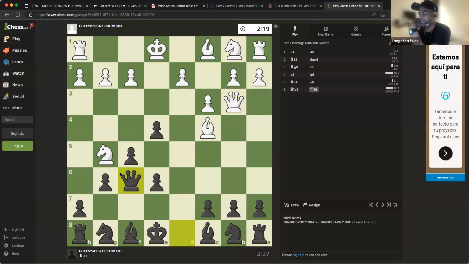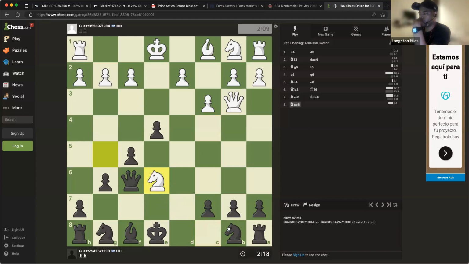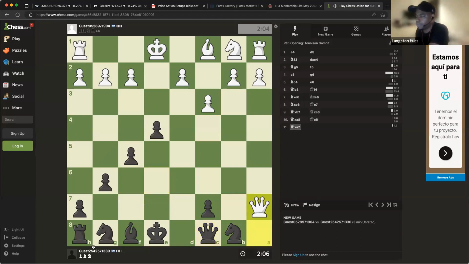That's funny. Probably should have just took this one. Okay. Gonna take it with the rook. He will attempt to take this with the rook. Good job. Okay, cool. Sweet. Awesome. Cool.